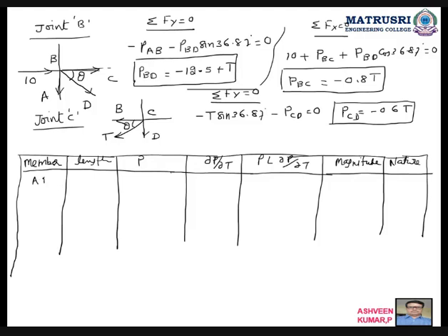So I am writing AB, AD, AC, BC, BD, then CD.